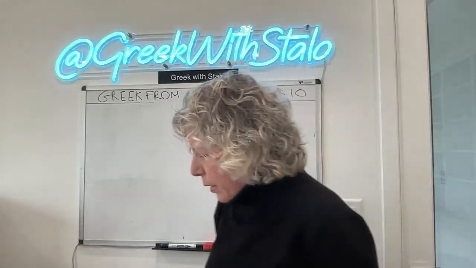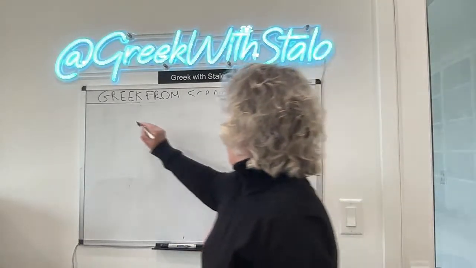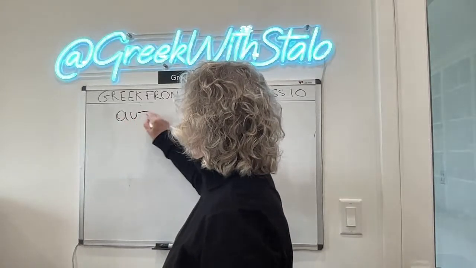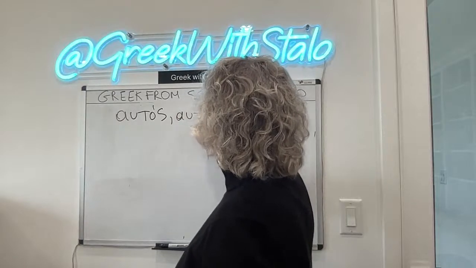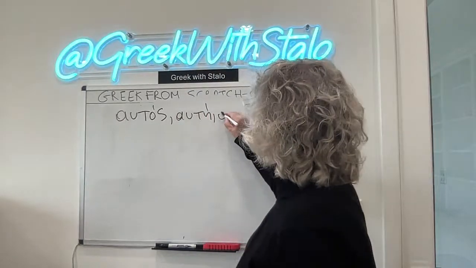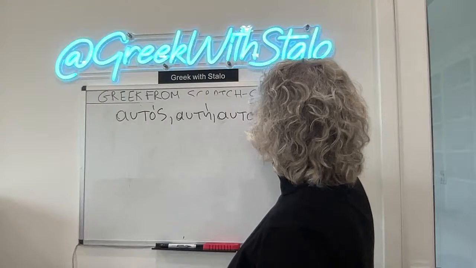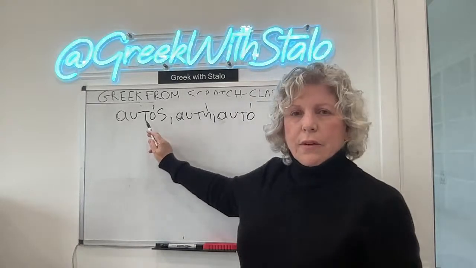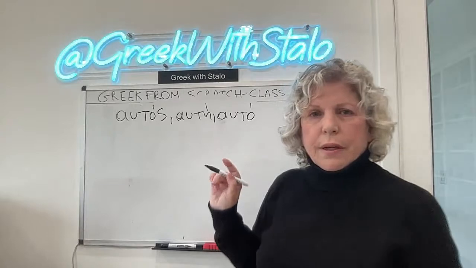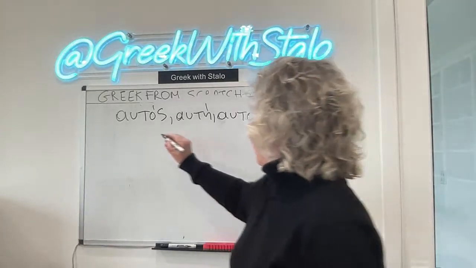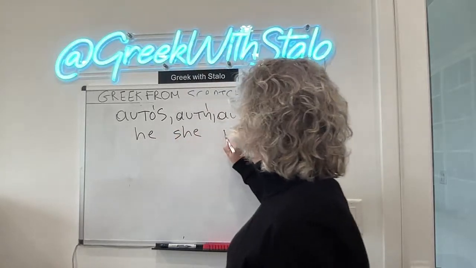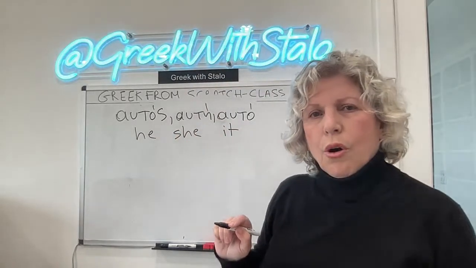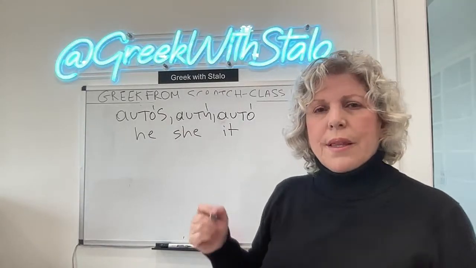The next thing we learned was αυτός, αυτή, αυτό. Masculine, feminine, and neuter. And it means he, she, it, or it can also mean this.